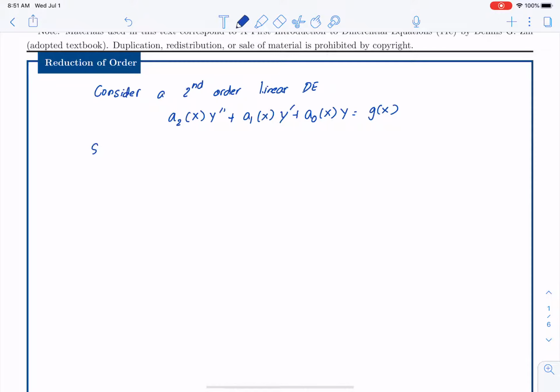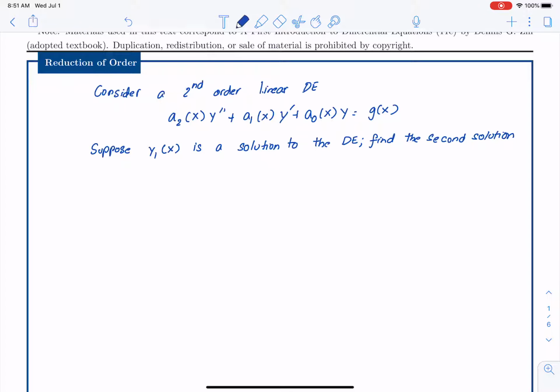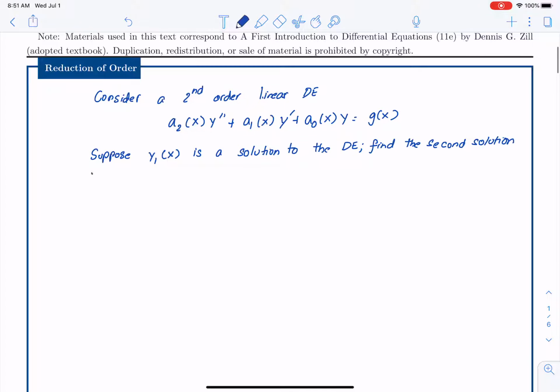So suppose y1 of x is a solution to the DE. The goal is to find the second solution, which would be y2 of x.